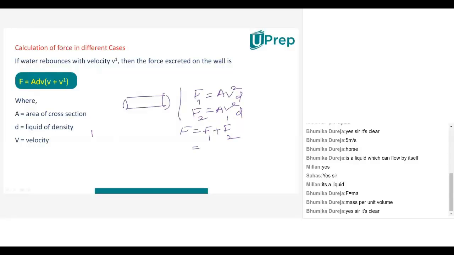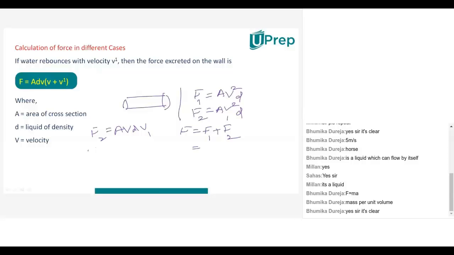Sorry, the F2 equation I have to change. So I'll write here again. So F2 will be AVD into V1, as the velocity is changing when rebouncing. So AVD V1 will be there.